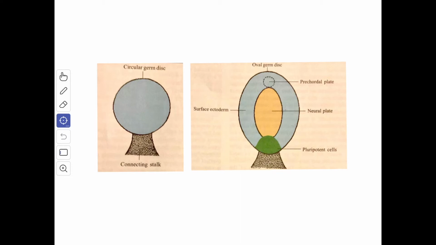The epiblast cells occupying the caudal part of the germ disc are pluripotent in character and undergo rapid differentiation to form a linear opacity in the median plane, which is known as the primitive streak. So here you can see these are the pluripotent cells. These cells will modify to form the primitive streak, which is a linear opacity.